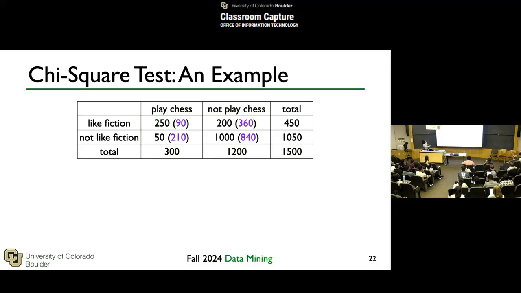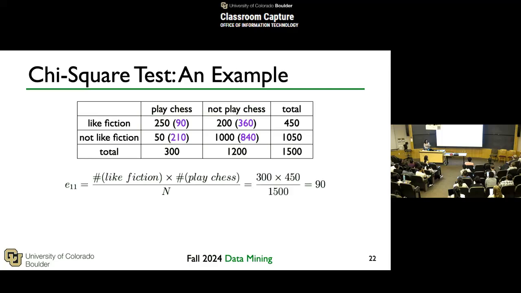Similarly, 1,000 means that I have 1,000 people who don't like fiction and don't play chess, right? So that's basically you're collecting the data, the raw data, and this is the information you have, okay? And then we're calculating the expected values, okay? So remember, we have our formula here.